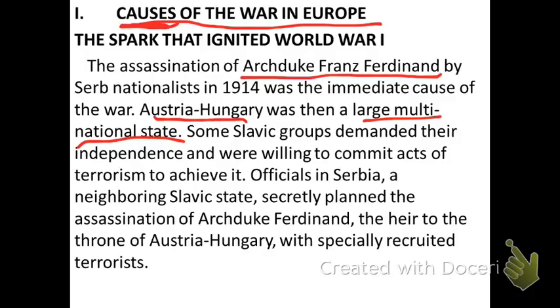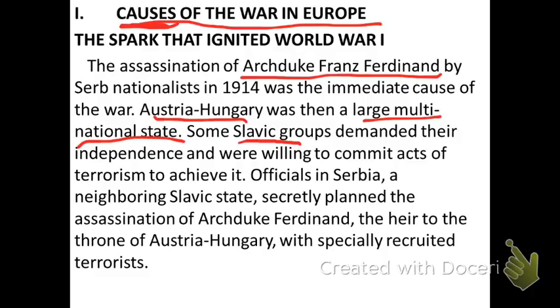There were some Slavic groups, and the Slavic people would be those in what would be Eastern Europe today: the Czechoslovakians, the Poles from Poland, Yugoslavians when it was still a country, and the Slavic groups within those areas felt that the Austrians and others had been infringing upon their rights.